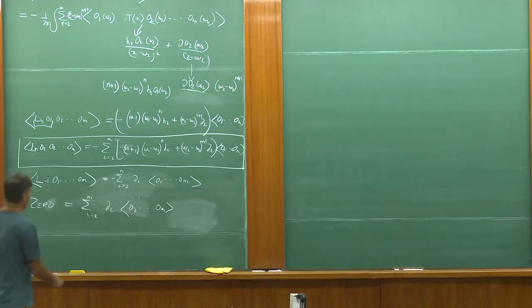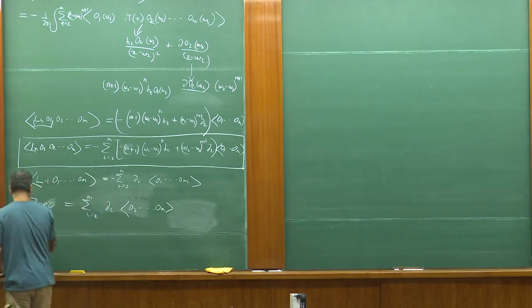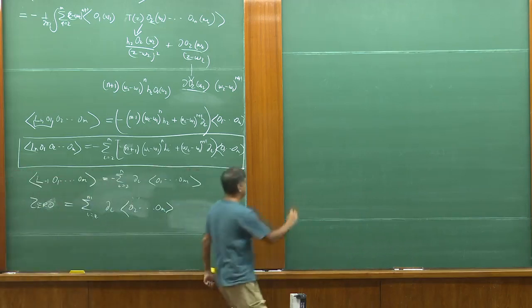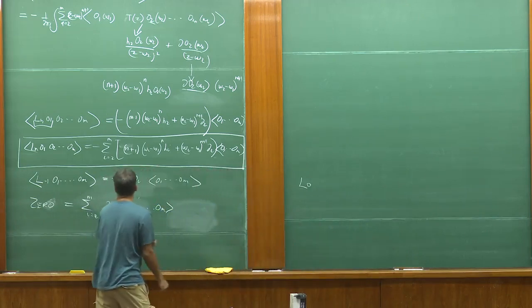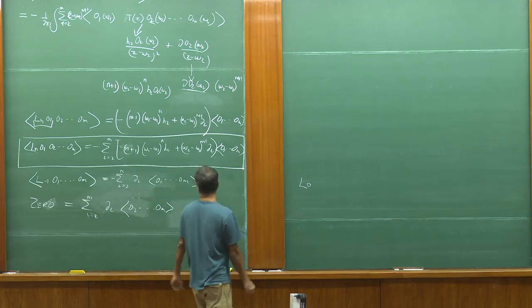Let's now do the same thing for L0. For L0, what does our operator become? Okay, so L0, n is equal to 0.